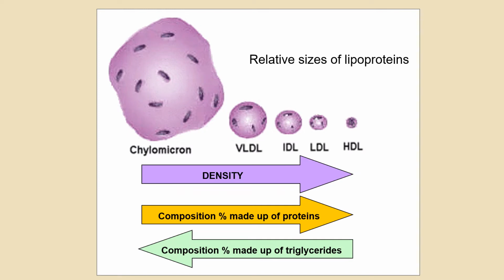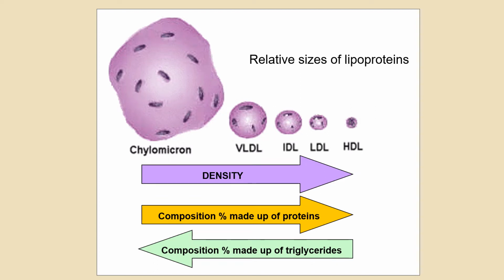There are many different types of lipoproteins in the body, and we categorize them by their density. So let's start looking at these different lipoproteins, and here they're lined up based on size as well as density. So lipoproteins are a combination of lipids and proteins, and lipids are far less dense than proteins.